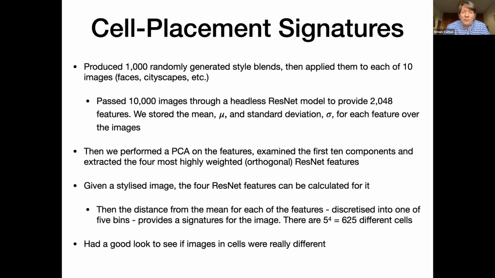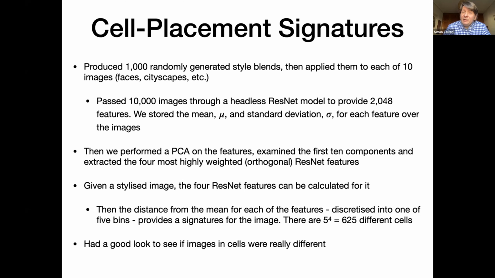So to solve this, I used the ResNet neural model for machine vision, and I produced 1,000 randomly generated style blends, then applied each of them to 10 representative images covering things like faces, cityscapes, landscapes, that kind of thing. So I passed those 10,000 images through a headless ResNet model, and that basically calculates 2,048 features as a large vector.